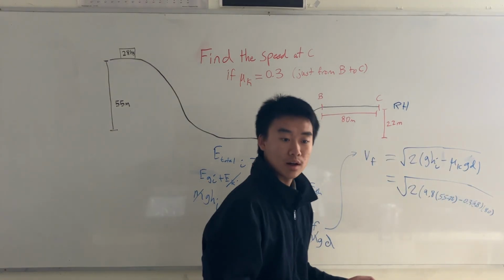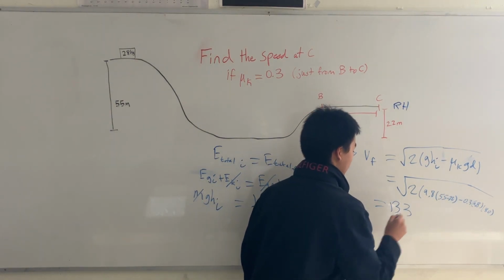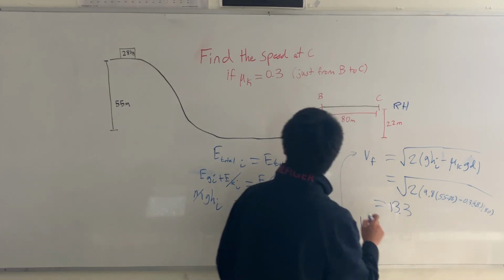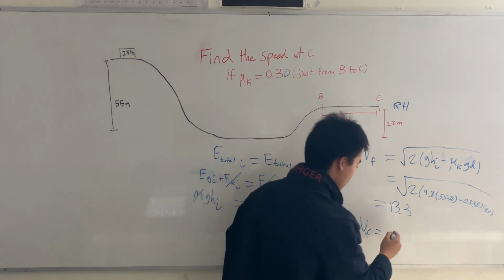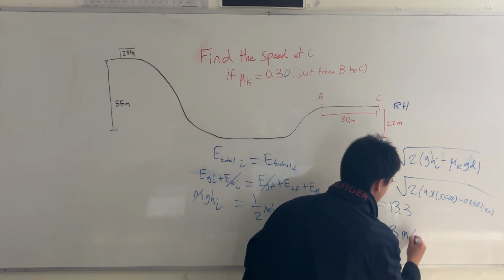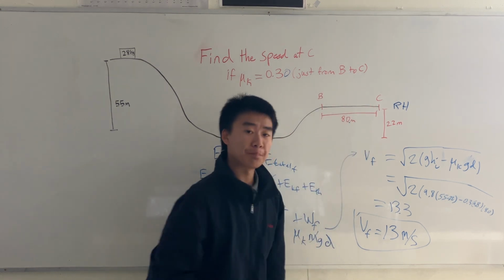All that under the square root, and we're left with an answer of 13.3. Considering sig figs, let's just say this was 2 sig figs, and our answer is 13 meters per second in terms of speed at C.